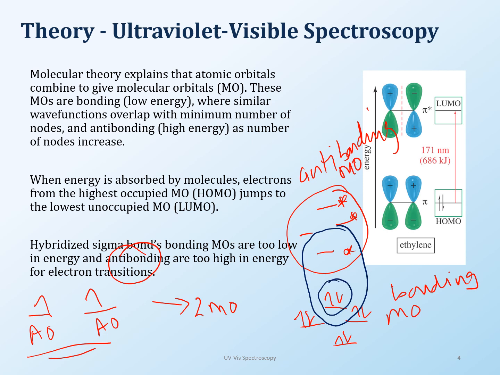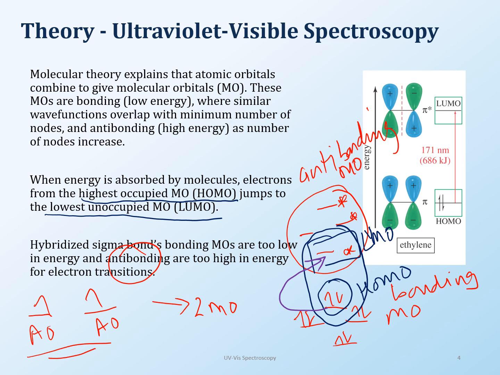These electrons, which are in the highest occupied molecular orbital, HOMO, will jump to the lowest unoccupied molecular orbital, which is the LUMO. So electrons are jumping from here to here. That is the electron transition that's going on.